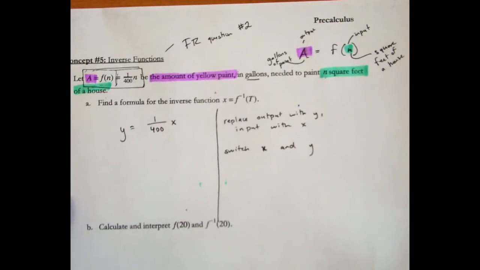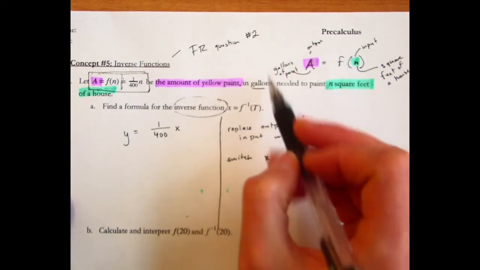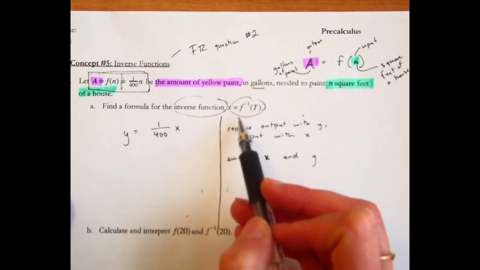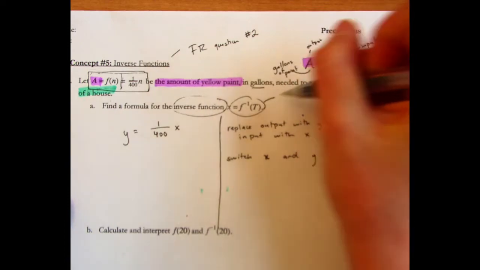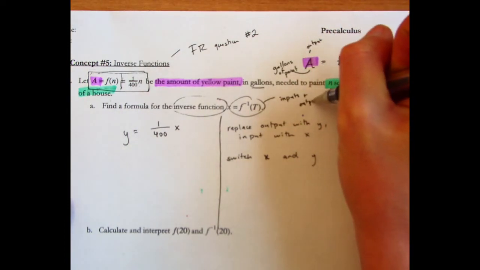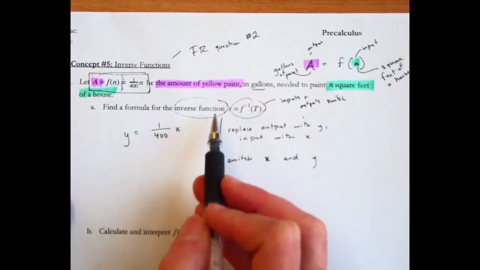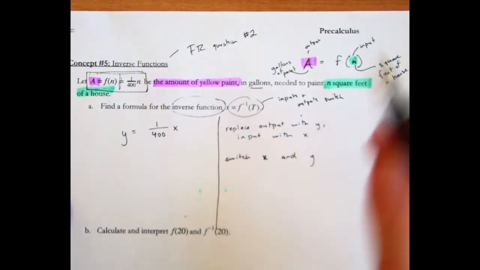So, inverse function, also notated by this symbol here, f negative 1. They both mean the same thing, which is inputs and outputs are switching places. So this is one of those math problems where we have to know the definition of this in order to solve, or else we wouldn't know what to do unless we knew this definition.